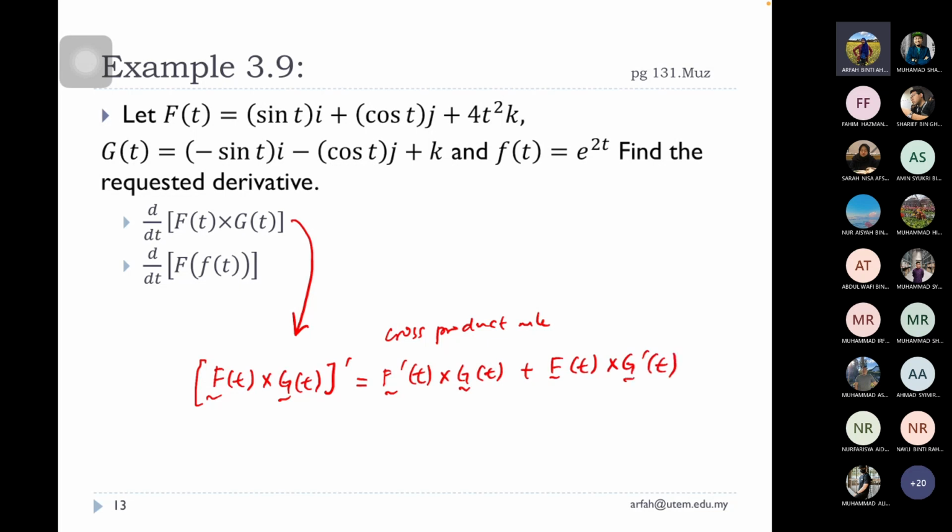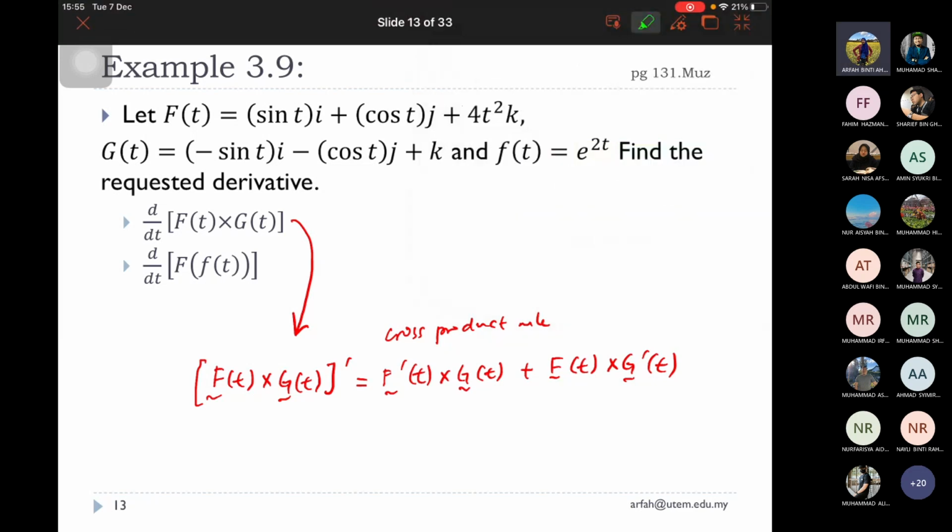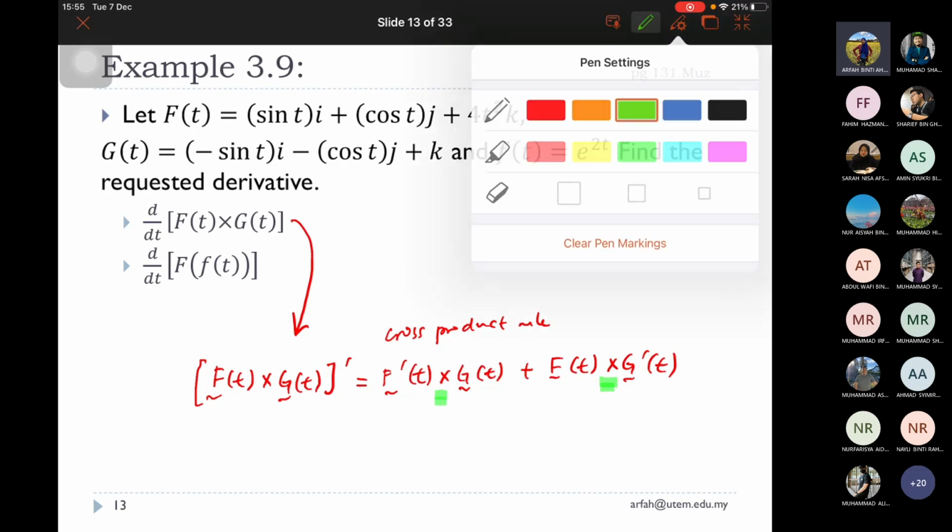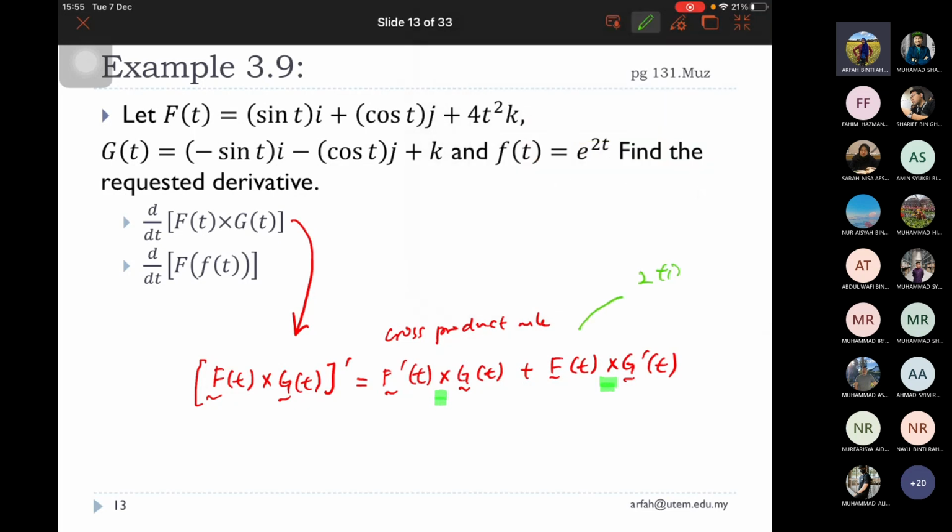So kalau awak guna yang cross product rule ni, awak akan buat cross product 2 kali. So mana lagi senang? Directly satu cross product kan, lepas tu derivative, atau yang kedua? Sekali cross product. Okay, so betul. The first one is much more easy.